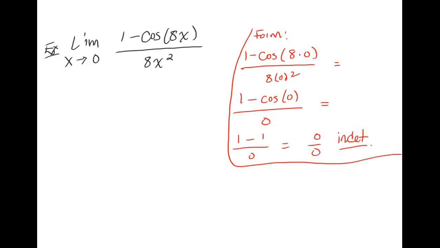So I need to know what are my f and g functions. This is my f of x function, and that bottom function, 8x squared, is my g of x function.